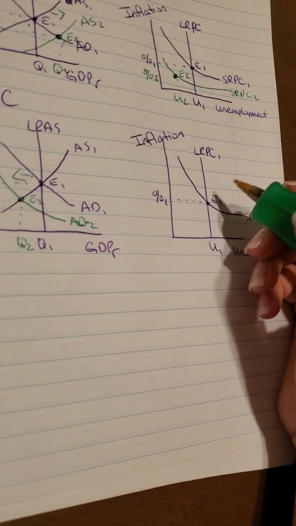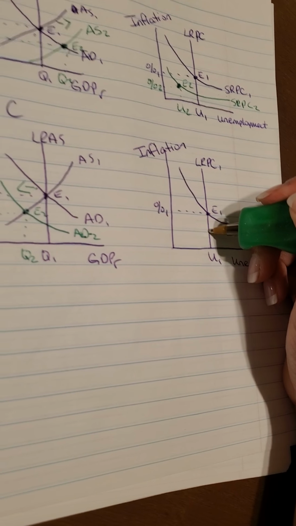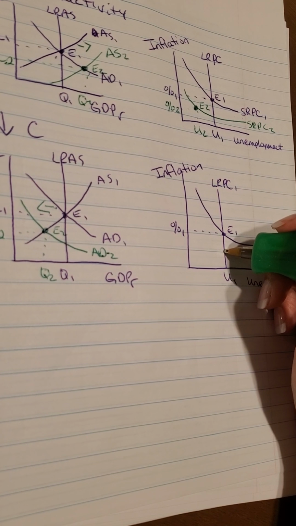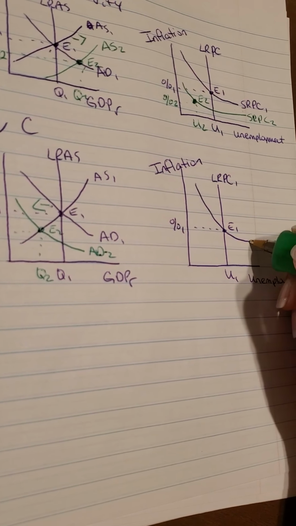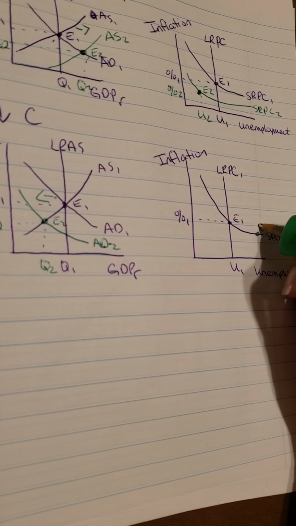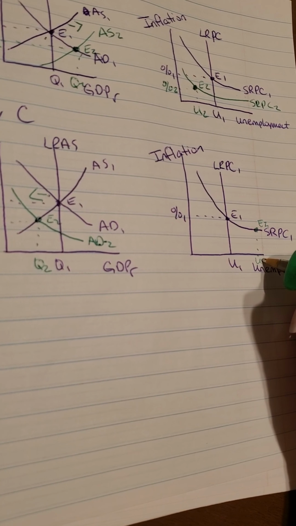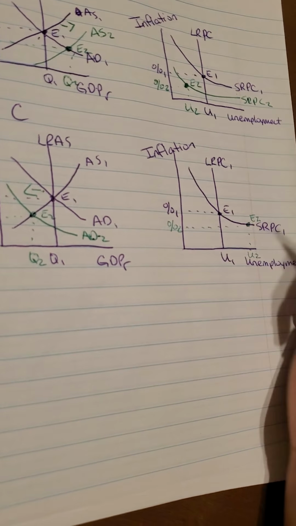So on our graph we have our pen, price level decreased or inflation decreased. And we're in a recessionary gap, so that means that unemployment has increased. We are higher than the natural rate of unemployment. We're in a recession, so that's E2. Label all your new points, U2, %2. So this is similar to the one that we did before.